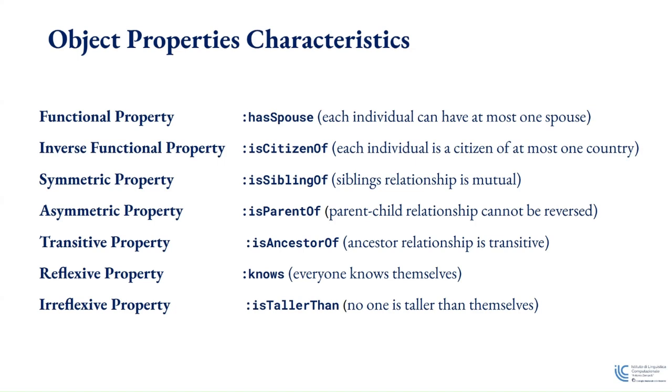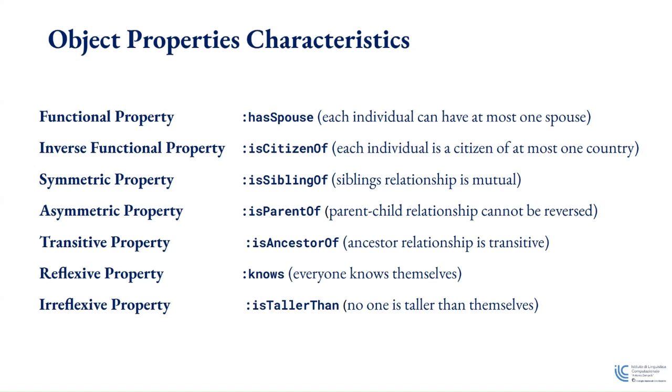Yeah, that's why I said I used the incorrect terminology. Inverse is not asymmetric. There are two different things, okay? So if A is a citizen of B, B is not a citizen of A, but inverse doesn't mean that it's symmetric, because it's an inverse functional property. It's not just an inverse property, it's an inverse functional. So they are two different concepts.